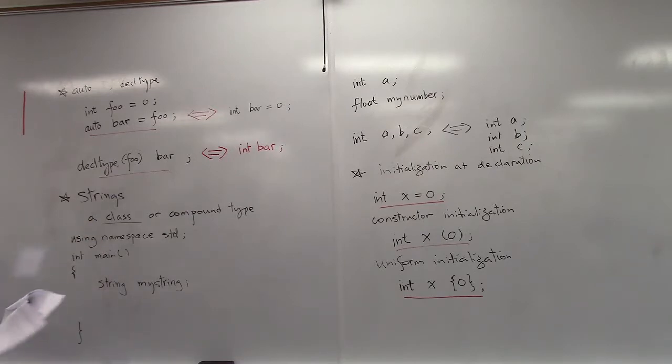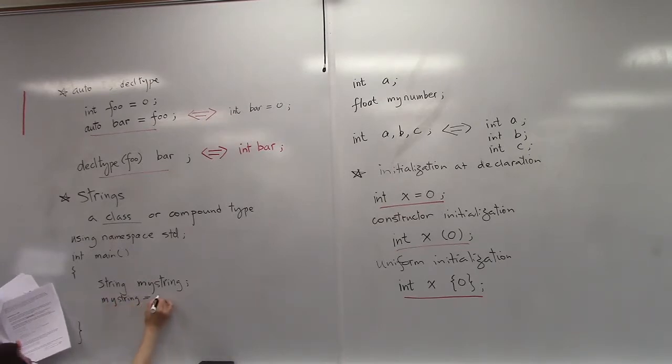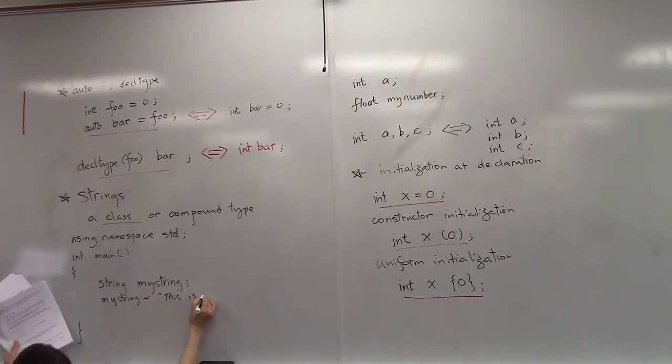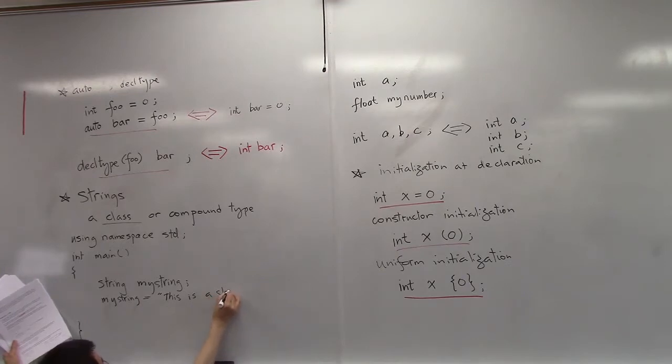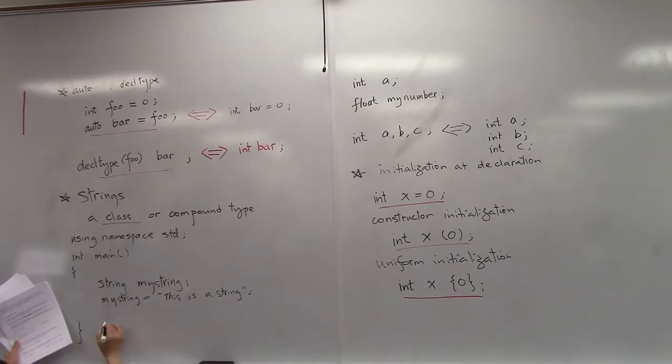After you declare that, you can assign values to it. Say my_string is assigned the value "this is a string", then you can output it with cout my_string, return 0.